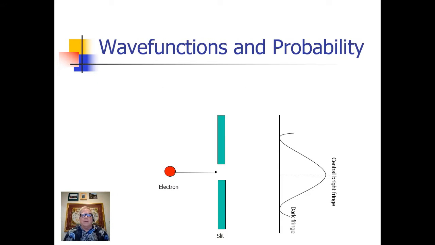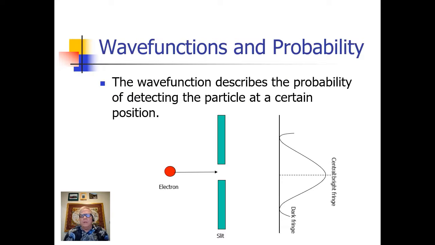Now, what does the wave function then represent? What is waving, if you will? Well, the wave function is commonly described as a probability wave. In other words, the intensity of the wave at any given point, actually the intensity squared, indicates the probability of detecting the particle at that certain position.